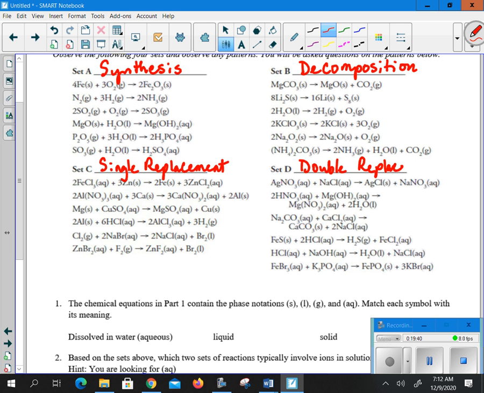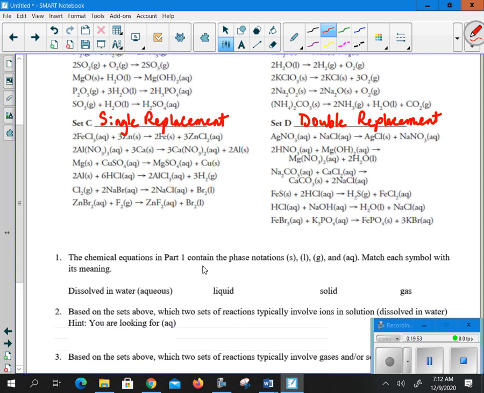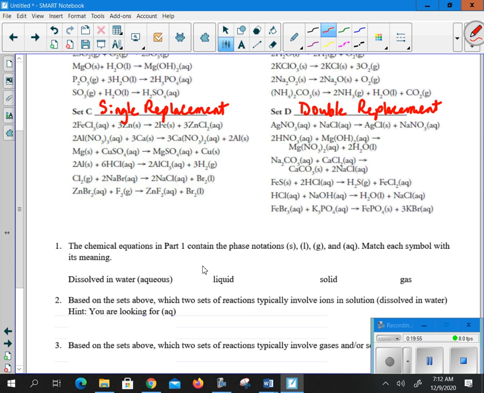All right, so then we were supposed to answer questions at the bottom here. It said the chemical equations in part 1 have notations, and we wrote these notations down. Dissolved in water is the AQ notation.